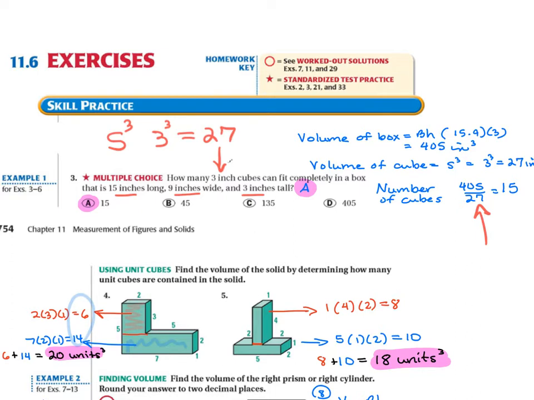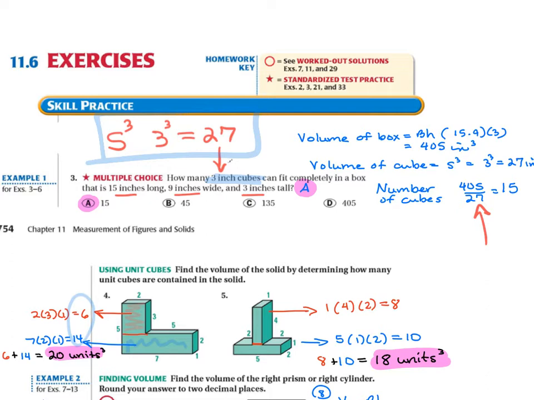Okay, because the question said how many 3-inch cubes can fit in there. It didn't ask for the volume of it. You had to figure out the volume, but then you had to go back and you had to divide it by the volume of one of the cubes. Does that make sense?